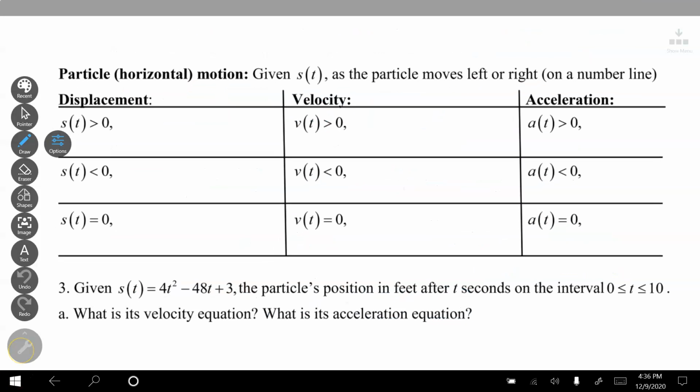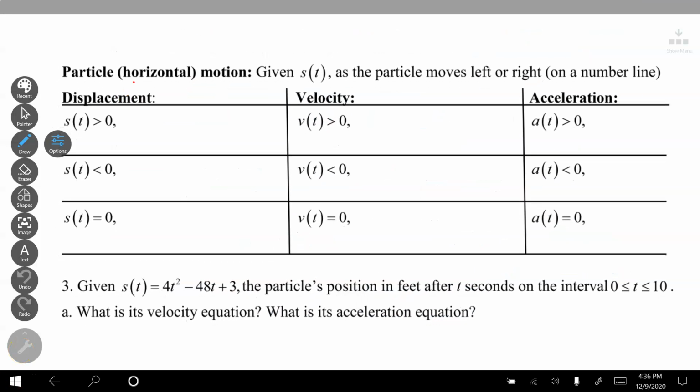Okay. Let's complete this chart. We're looking at displacement. Sometimes it's distance, or height, but really we're going to look at it where we have a particle moving on a number line. It's only going to move left or right on a number line. So when its displacement is positive, the particle is on the positive x-axis.